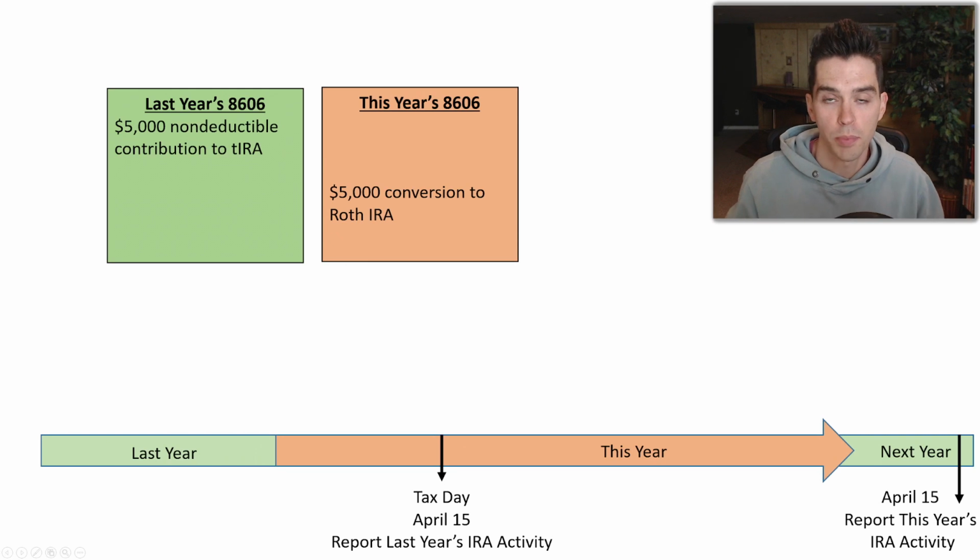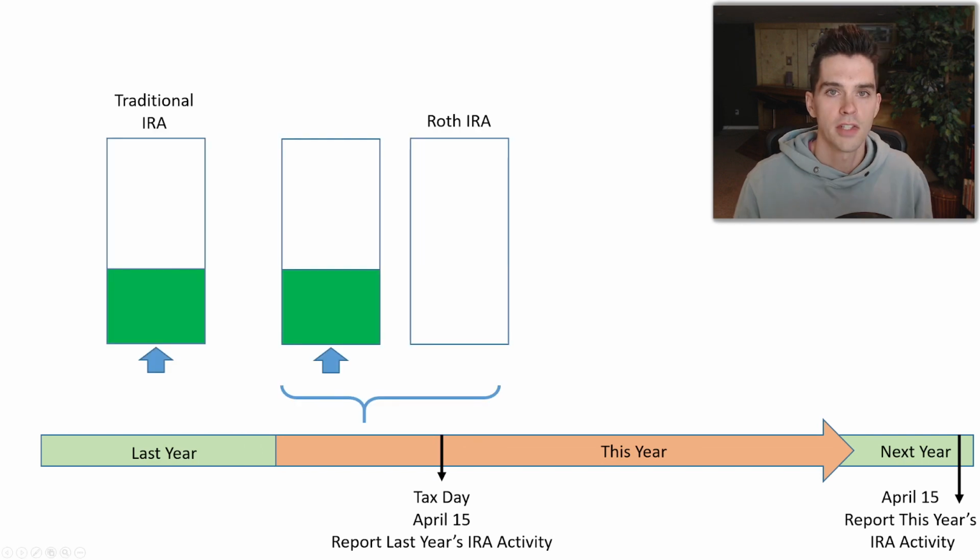Maybe it's February, you're preparing your tax return, you've never done an IRA contribution before, you need to do the backdoor method because you exceed the income limits, and you want to do it for both last year and this year. So whatever day it is, sometime in this window, you make, let's say, a $5,000 contribution to last year's IRA and a $5,000 contribution to this year's IRA.